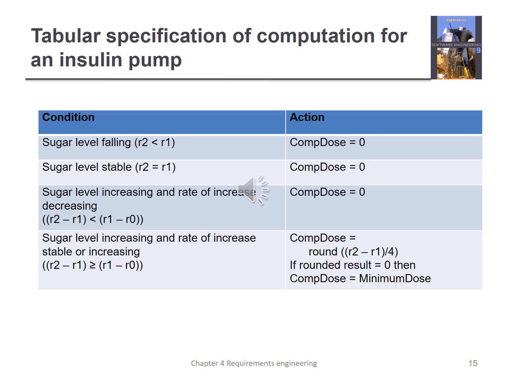If the sugar level is increasing and the rate of increase is stable or increasing, R2 minus R1 greater than or equal to R1 minus R0, then you compute the round of R2 minus R1 over 4. If the rounded result equals 0, then compute dose equals the minimum dose. So it is really easy to understand and to take this logic and put it in our language and in our program.